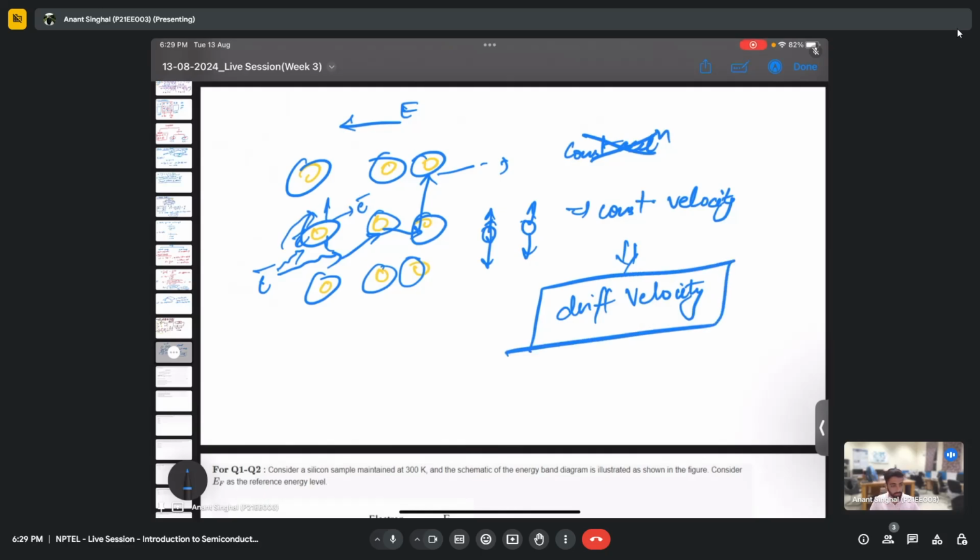This is a key concept that you should be aware of. And what we have is the drift velocity of an electron.